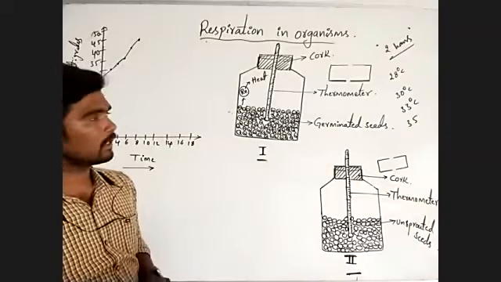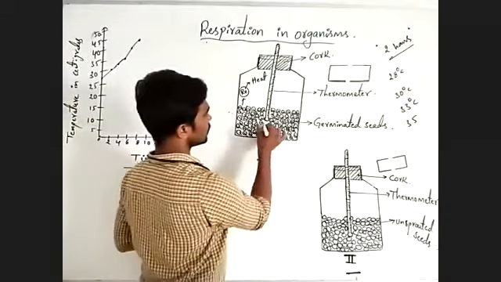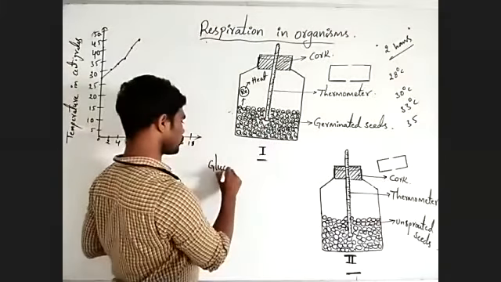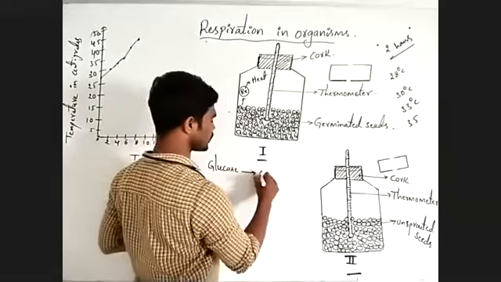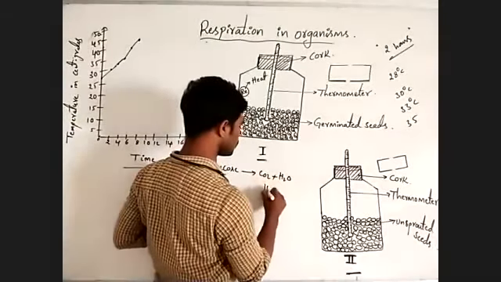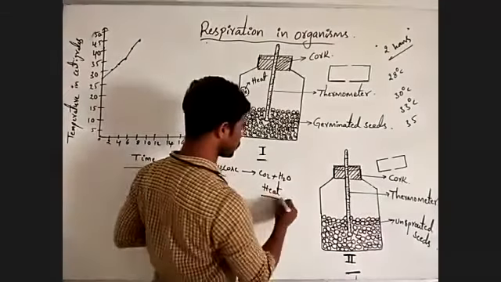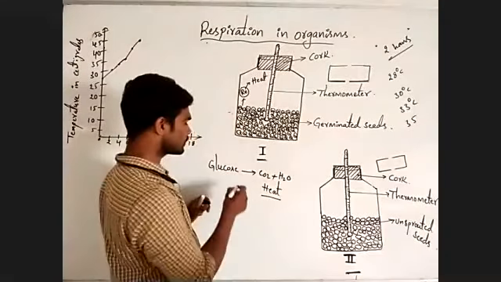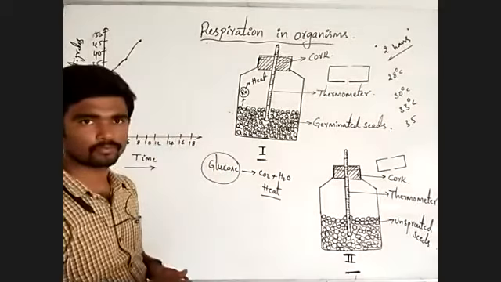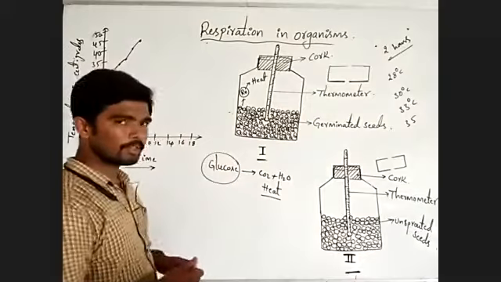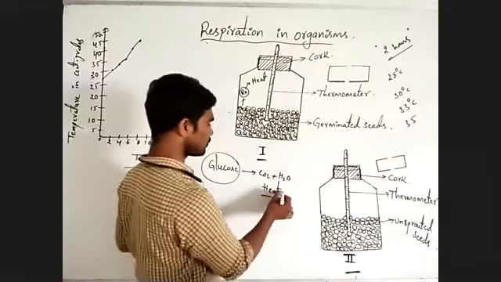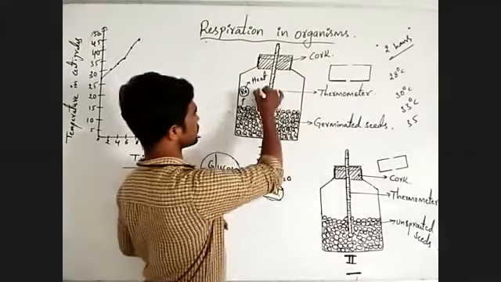Understanding? Here, when a glucose molecule is broken down into carbon dioxide and water, some amount of heat energy is also released. Means in every breakdown of glucose molecule, some amount of heat is generated inside of the bottle.